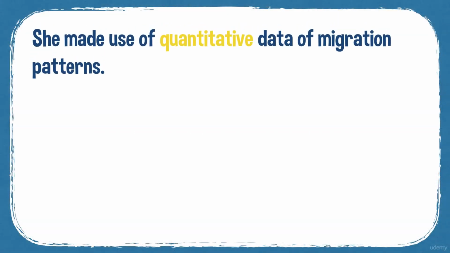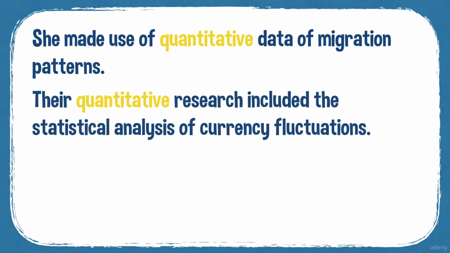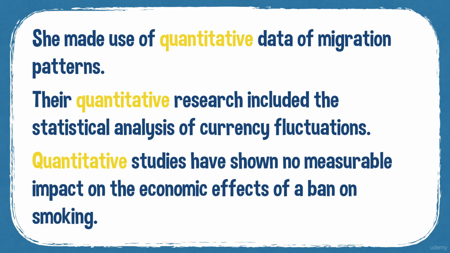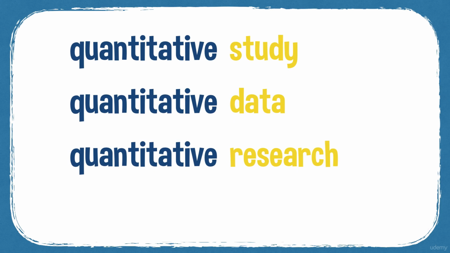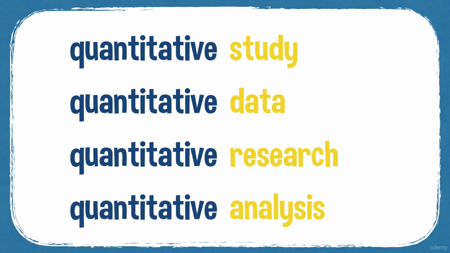So, for example, she made use of quantitative data of migration patterns. Their quantitative research included the statistical analysis of currency fluctuations. Quantitative studies have shown no measurable impact on the economic effects of a ban on smoking. So we can talk about a quantitative study or data, quantitative research and analysis.